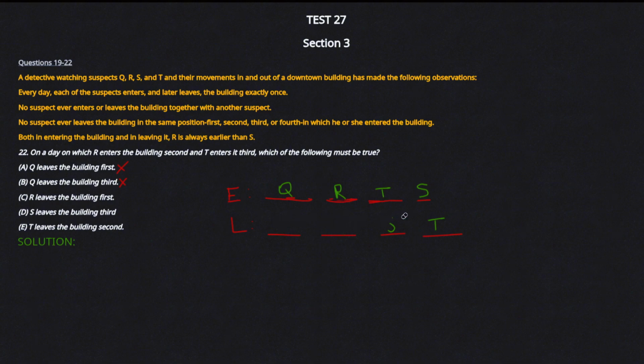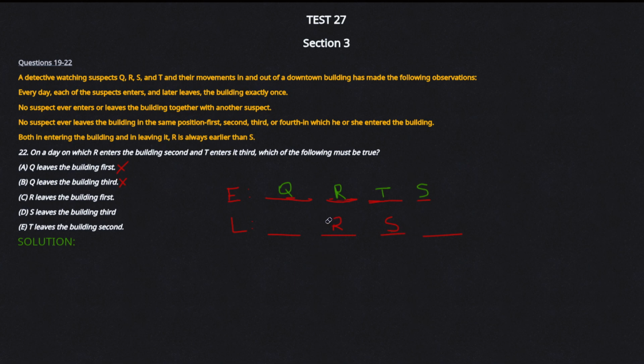Let's go over to option number C. At option C, R leaves the building first. So we need to try so that R is not leaving at first. Let's put R at number 2. Sorry, R cannot be at number 2.